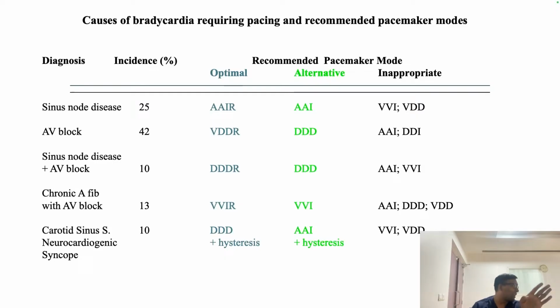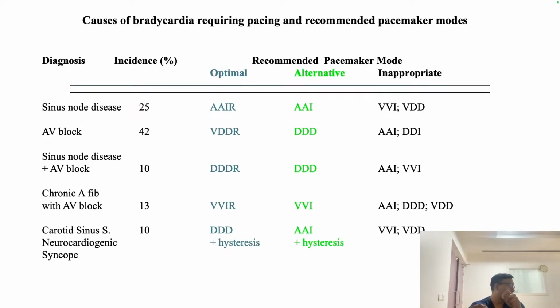But you have never seen an AAI pacemaker written anywhere. It's all the time dual chamber. The reason is when the SA node is diseased, most of the time, over time, the same atrioventricular disease may happen. Means SA and AV node are sometimes affected, or over time, maybe at 60, 65, sinus node disease has developed. Later on, AV conduction disorder has also started.